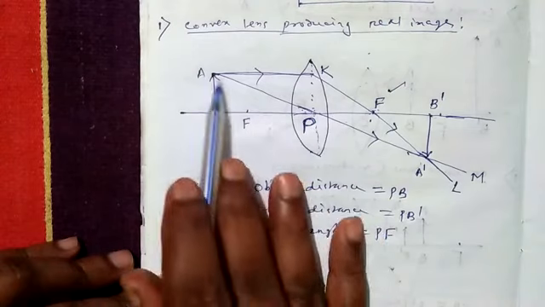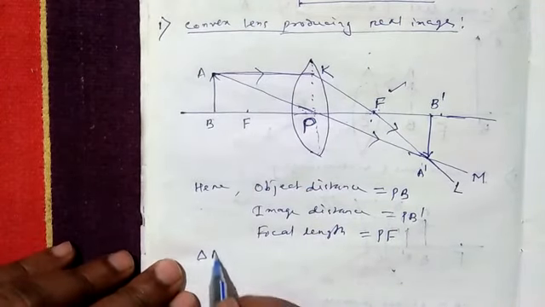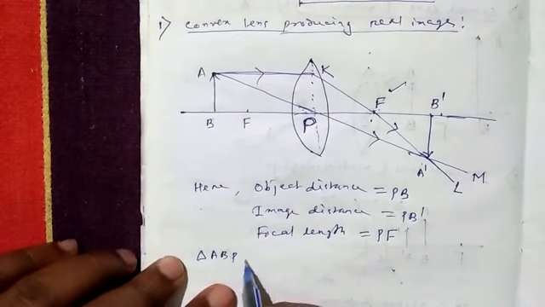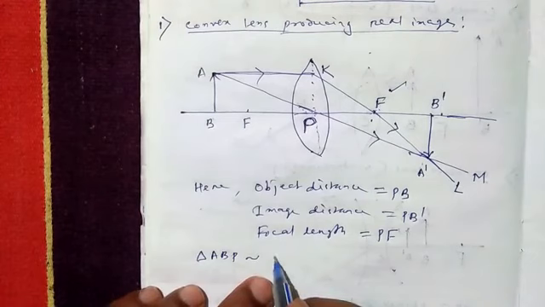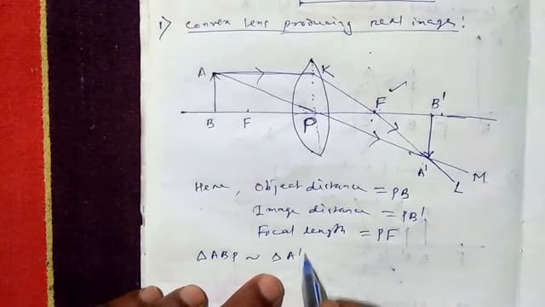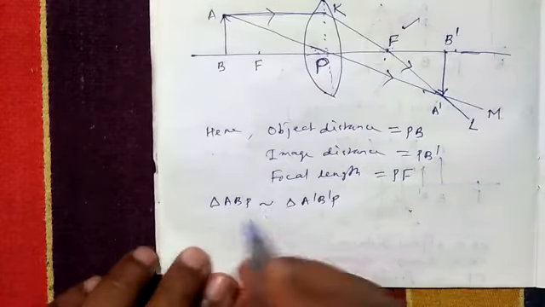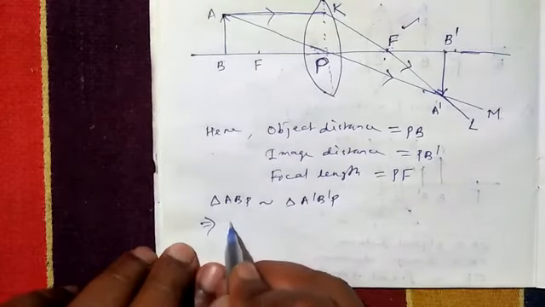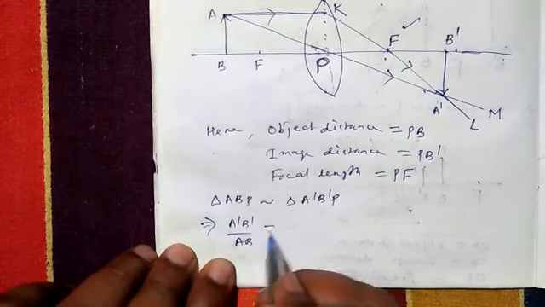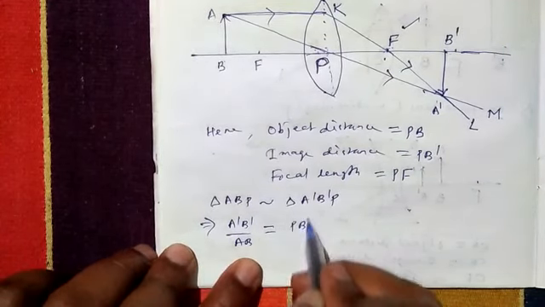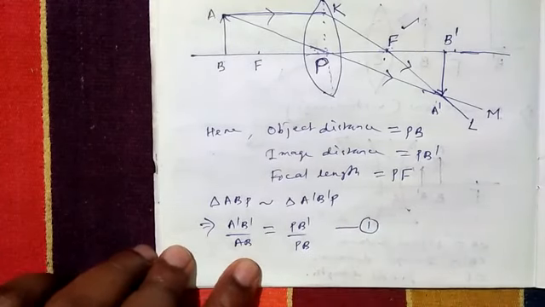That is where both the triangles are similar. Triangle ABP is similar with the triangle A dash B dash P. So we can write A dash B dash by AB is equal to PB dash by PB. Equation number 1.